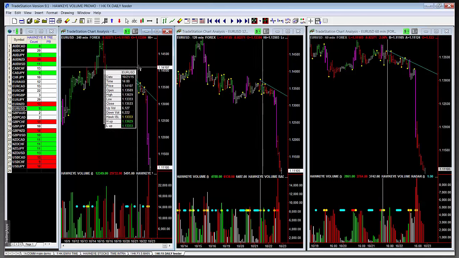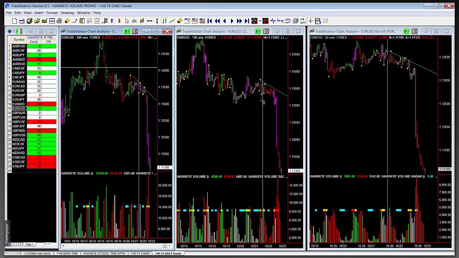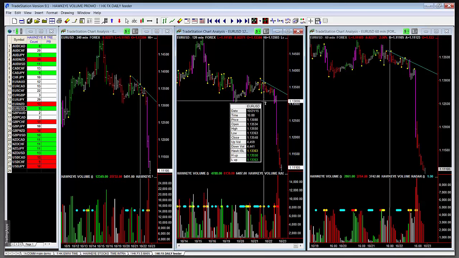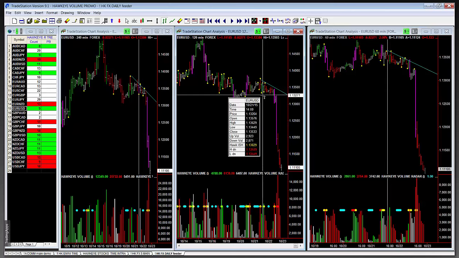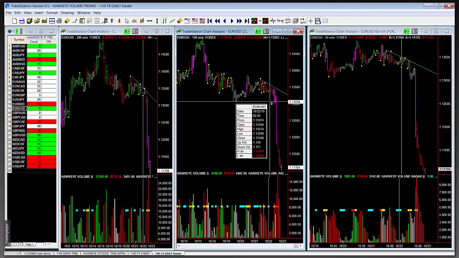And of course we get to this point here and we get the testing going on, and look at this. Before the market cracked, there were 1, 2, 3, 4, 5, 6, 7, 8, 9 bars of red selling volume. Don't tell me that the professionals don't know what's happening. Coming into the market, pushing this down, and boom, down it went.